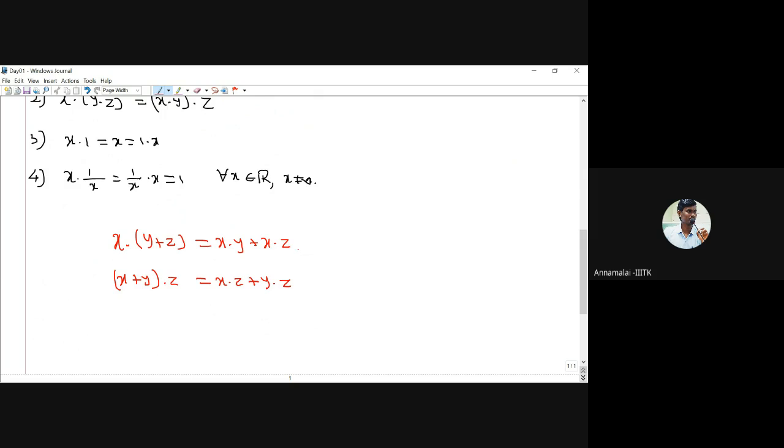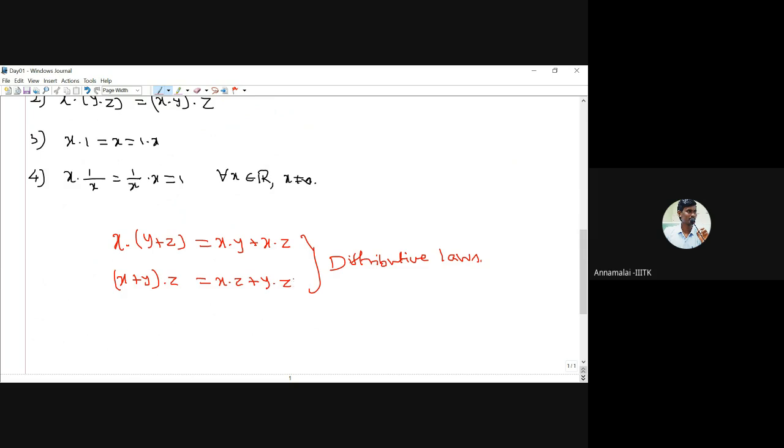This is satisfied by any three real numbers. These two are called the distributive laws: this is the right distributive law and this is the left distributive law. This is the relation between addition and multiplication.